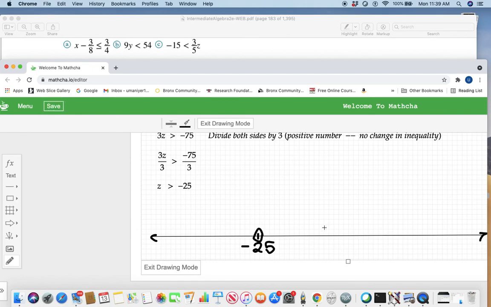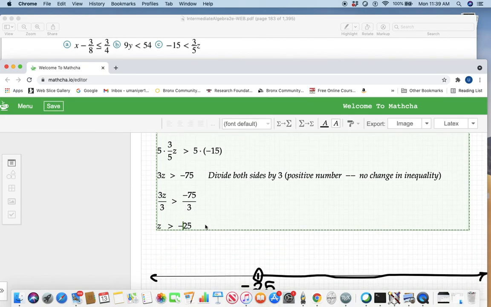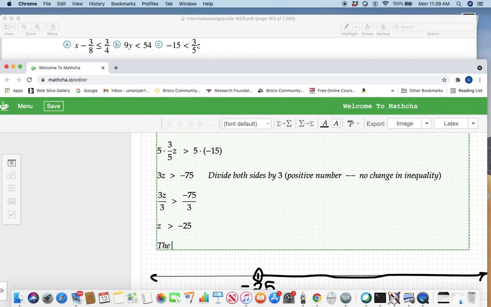And z is greater than, so z comes all the way to the right.